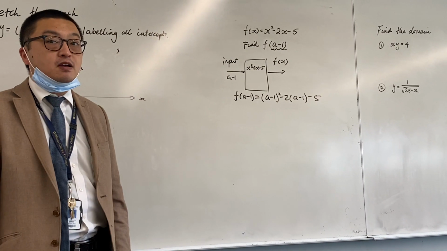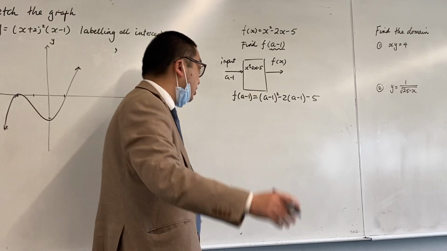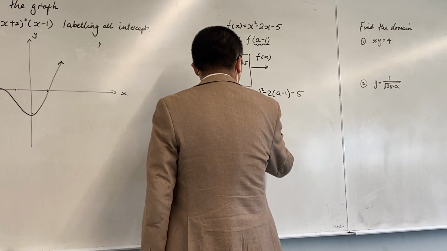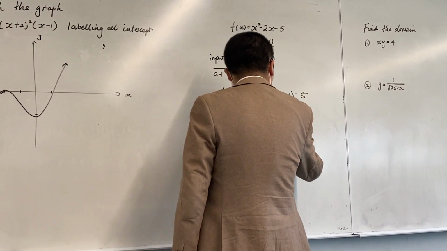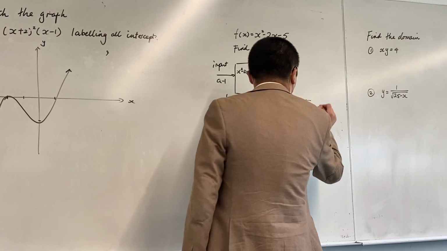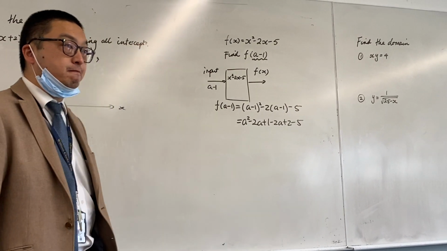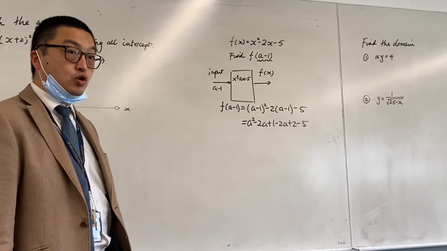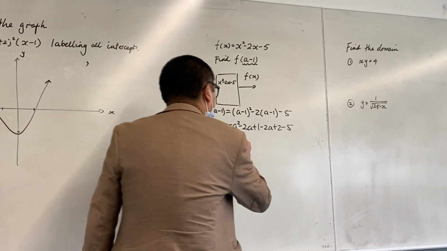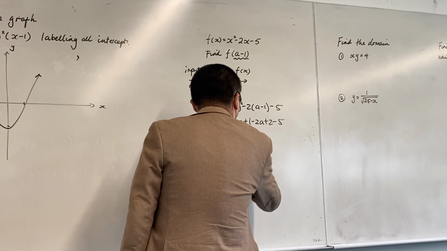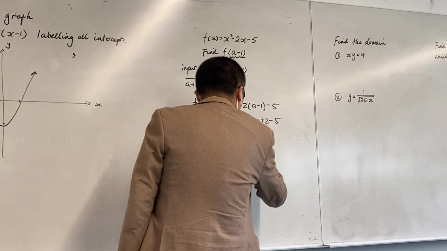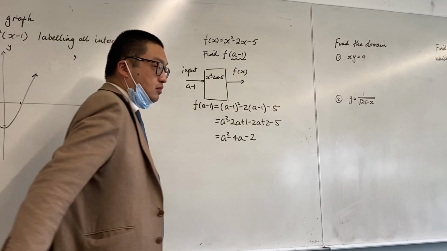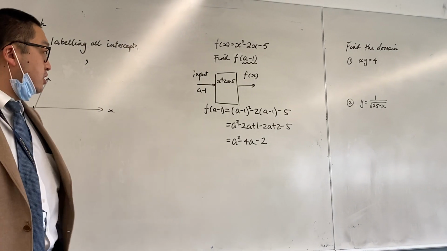That's it. Obviously, I'm going to simplify and choose one of the multiple choice answers. Is that okay? All good? All right, then I will have a squared minus 4a minus 5 minus 2. Hopefully that's one of the multiple choice answers.